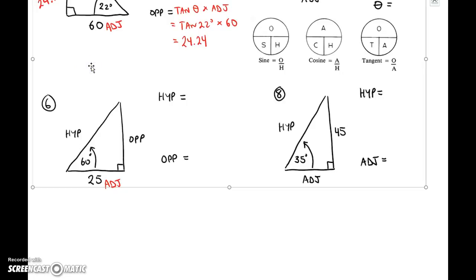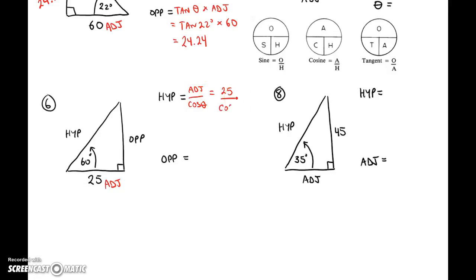Okay, so now we've got to find the hypotenuse. For this one, most likely we will use cos, right? Because we're looking for the hypotenuse, we've got the angle, we've got the adjacent, and those are all in this ratio right here. So again, the hypotenuse is equal to the adjacent over the cos of the angle. Our adjacent in this case is 25.